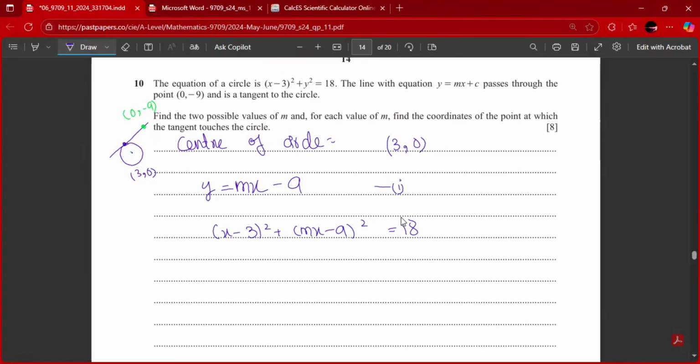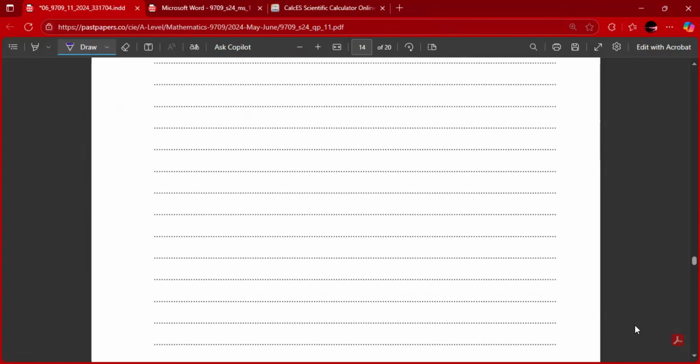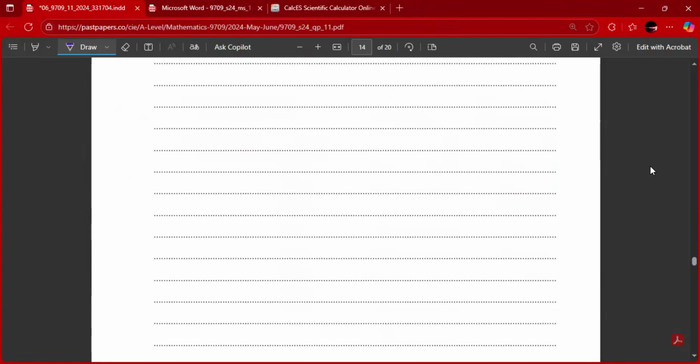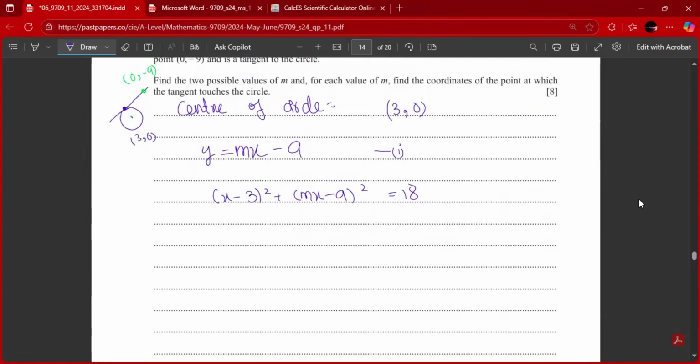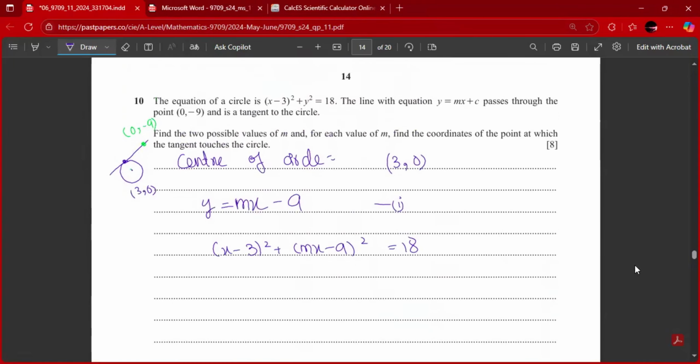It's going to be so long. Do I have enough space to solve this question? Yeah, I have enough space. I think we still have maybe one or two questions left to do. Okay, x squared plus 9 minus 6x plus m squared x squared plus 81 minus 18mx minus 18 equals 0.